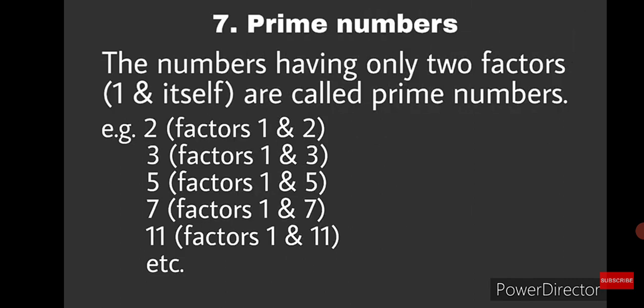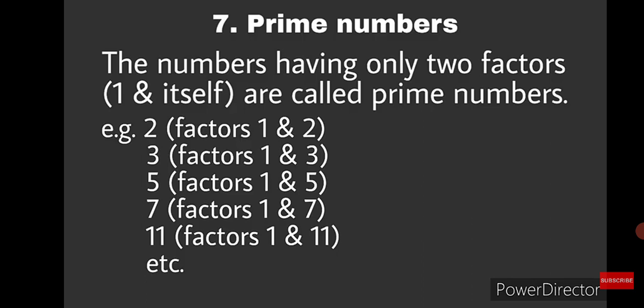Next, prime numbers. The numbers having only 2 factors, 1 and itself, are called prime numbers. For example, 2, 3, 5, 7, 11 and so on.